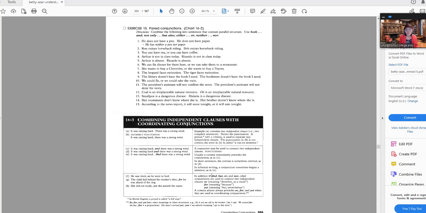So in addition to and, but, or, nor, other conjunctions are used to connect two independent clauses, such as so, which means therefore, for, which means because, and yet, which means nevertheless. And in British English, a period is called a full stop, and so, for, and yet have other meanings in other structures in British English.